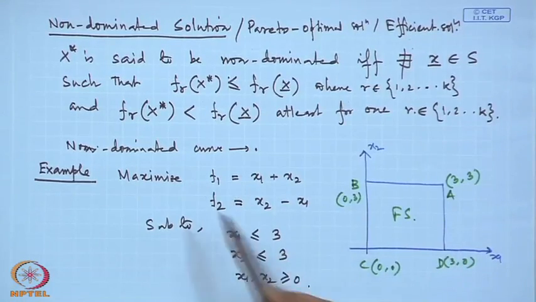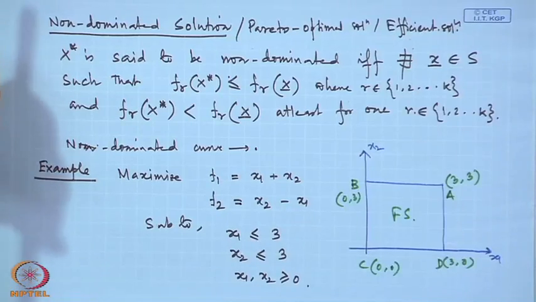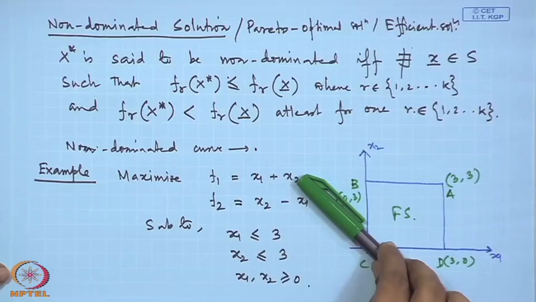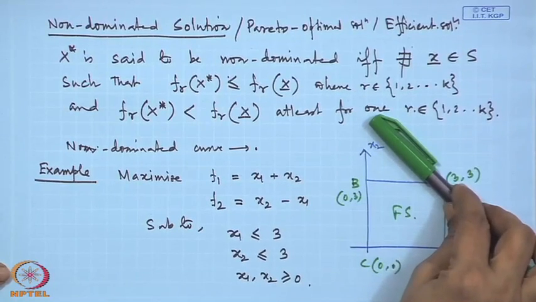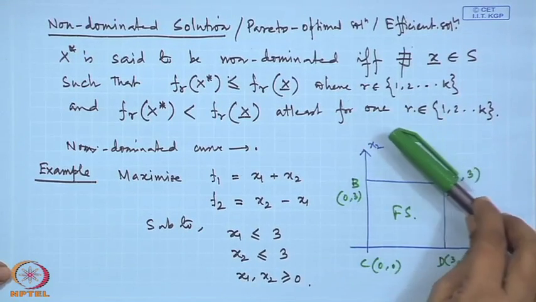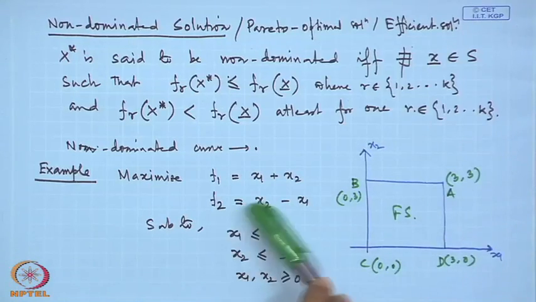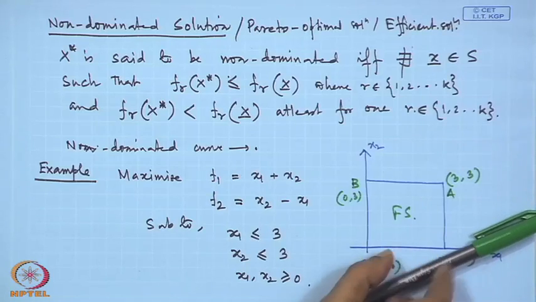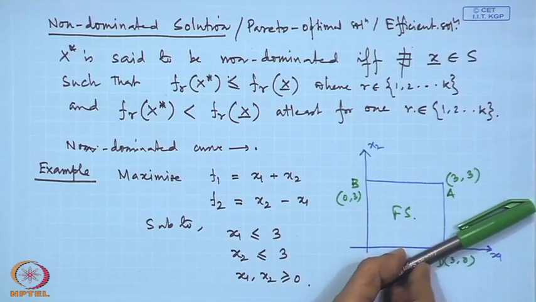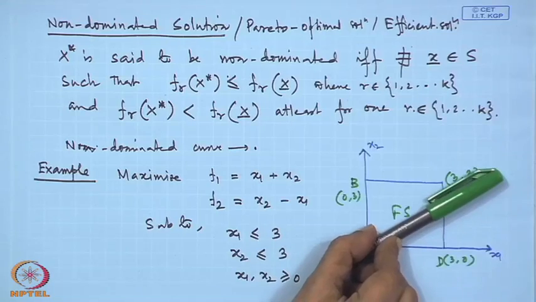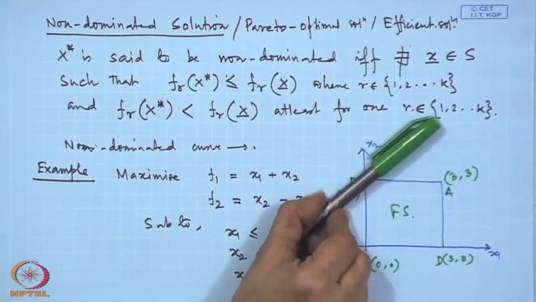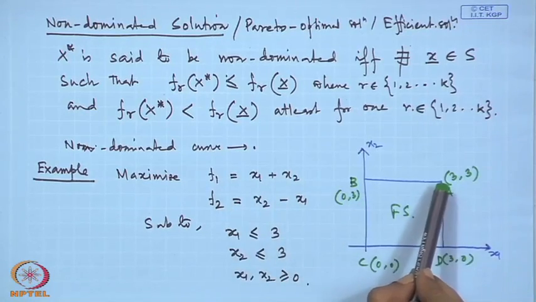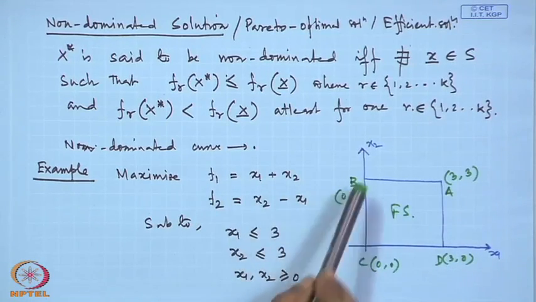Now, look at the objective function f1. Following the slope of the objective function as it moves, it will give the maximum value at point A. But if I look at the other objective function f2, with this slope, it moves and the maximum is given at point B. That is why at point A, f1 is maximum, and at point B, f2 is maximum.